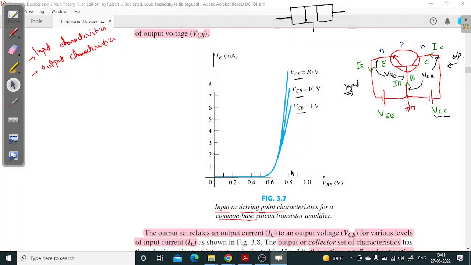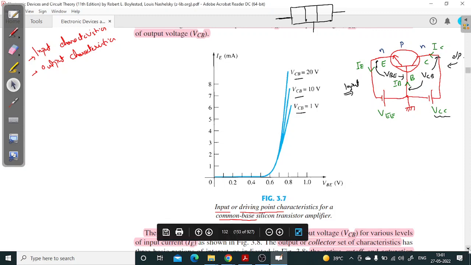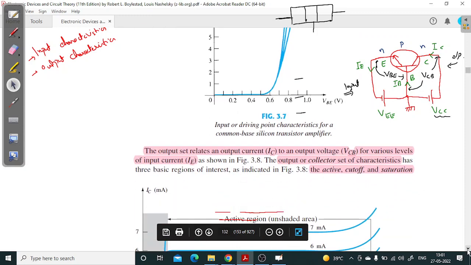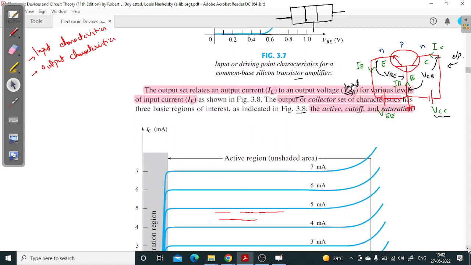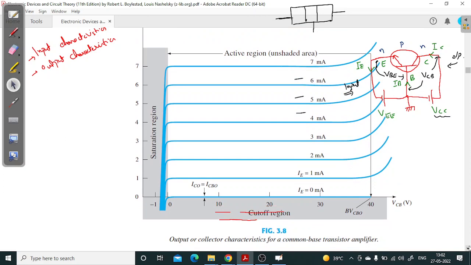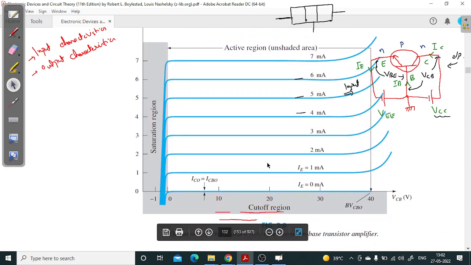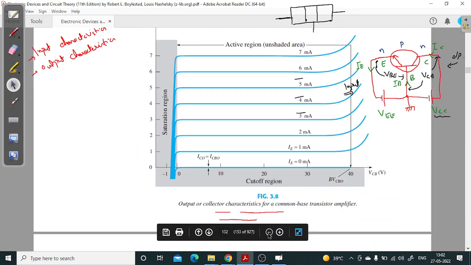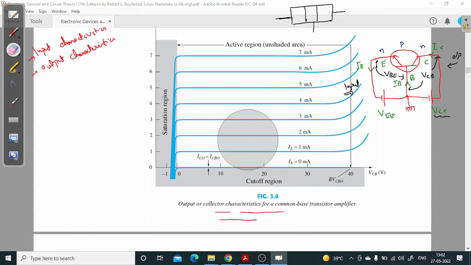So this is the input characteristic for a common base transistor, and we also have the output characteristic for the common base BJT. Look here.